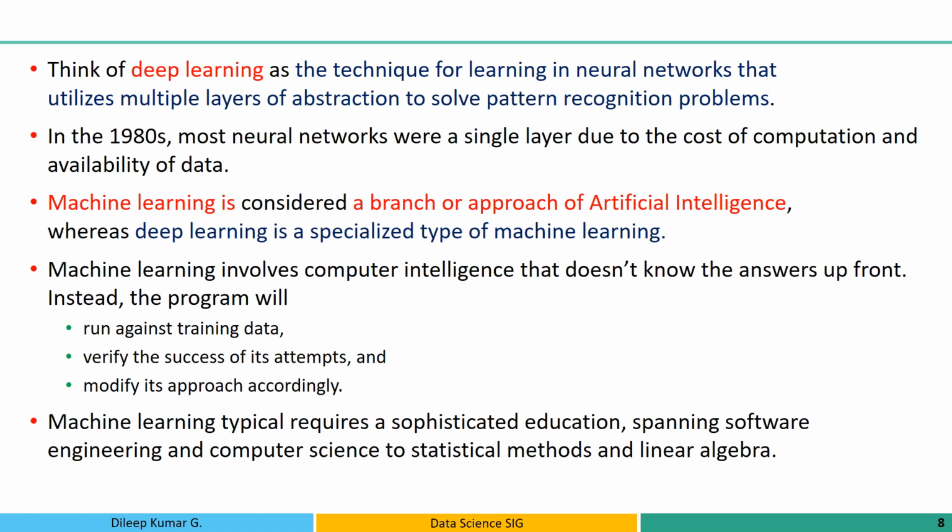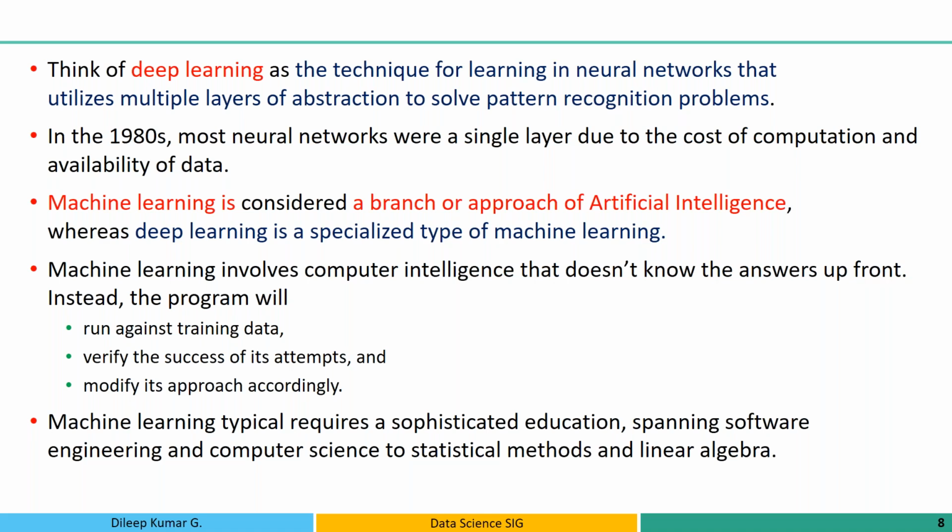What happens with machine learning is you need to create a model by using the training data, and then if you are not satisfied with the results, you need to verify. That means you need to change some parameters so that the accuracy is improved.